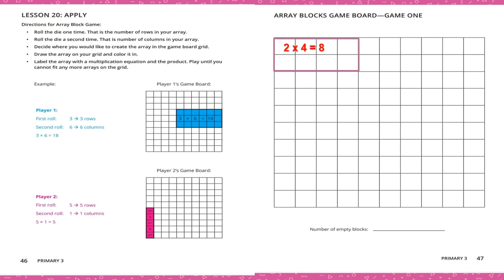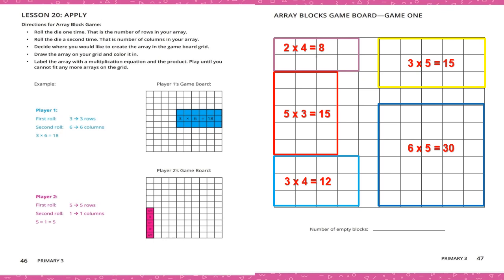The first array, 2 times 4, 2 rows and 4 columns. 2 times 4 equals 8. The second array, 5 times 3, 5 rows and 3 columns. The total number will be 15. 3 times 5, it means 3 rows and 5 columns equals 15 also. 3 times 4, it means 3 rows and 4 columns equals 12.